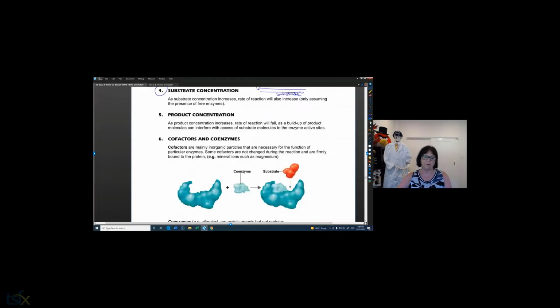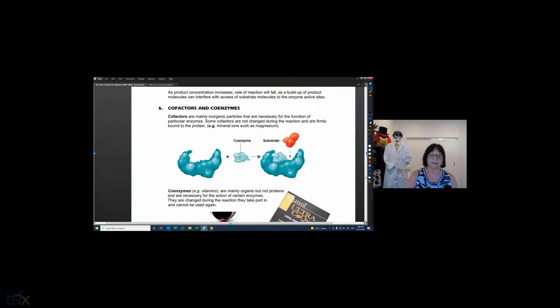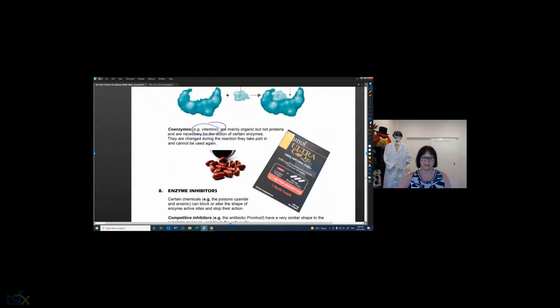Those are the factors affecting enzymes. And then, of course, we have things that help enzymes. Remember, we talked about vitamins and minerals as important to help our enzymes do their job, as cofactors and coenzymes.